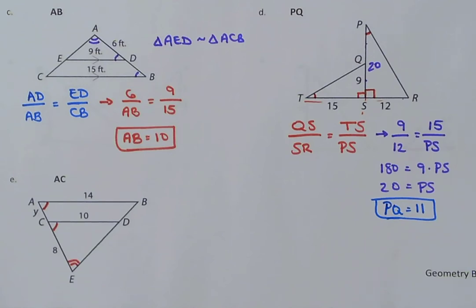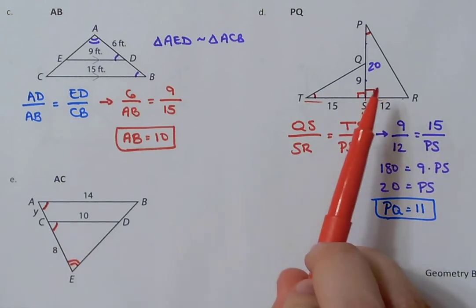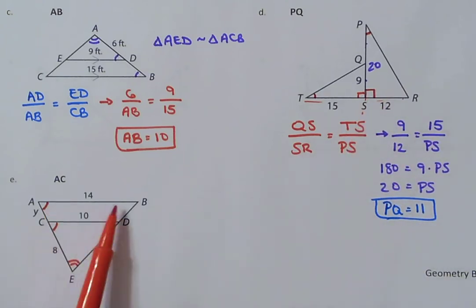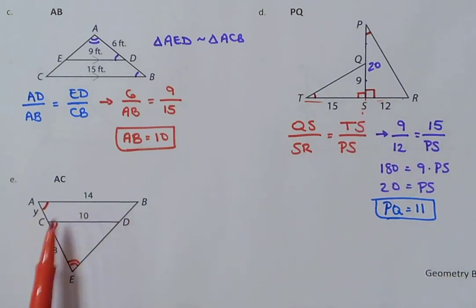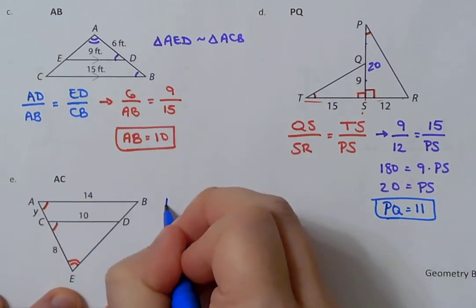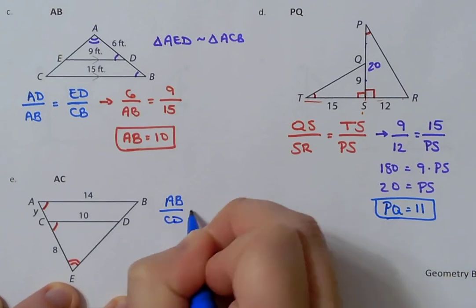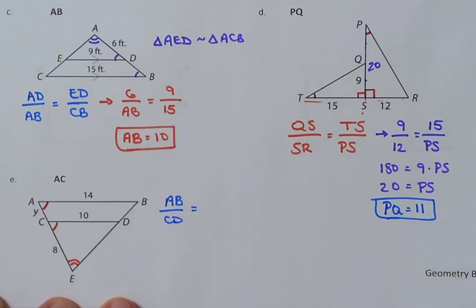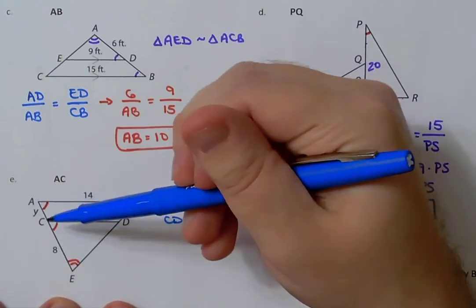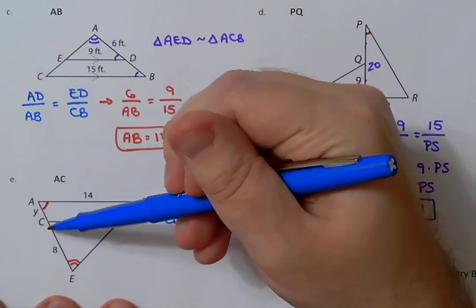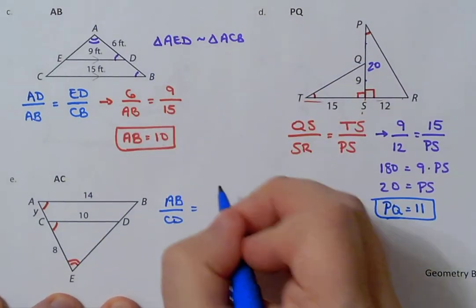To solve this, we're going to set this up much like we did before, where we take the known stuff, so AB over CD, and we're going to set that equal to AE over CE.